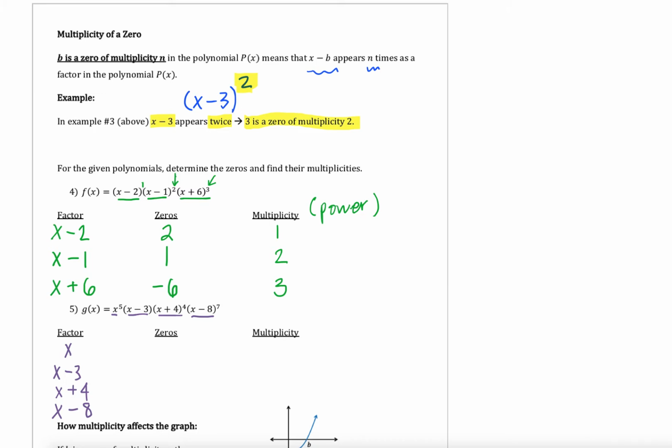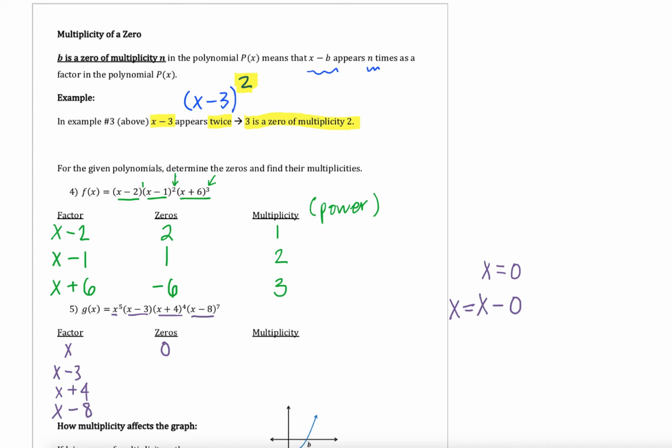Now to find the corresponding zeros, remember we're setting the factor equal to 0 and solving for x. Well, if I set x equal to 0 and I solve for x, it already is solved, and so that tells me that my corresponding 0 is 0. Alternatively, another way to think about this is x is the same thing as x minus 0, so that's why 0 is our corresponding 0 for the factor of x.